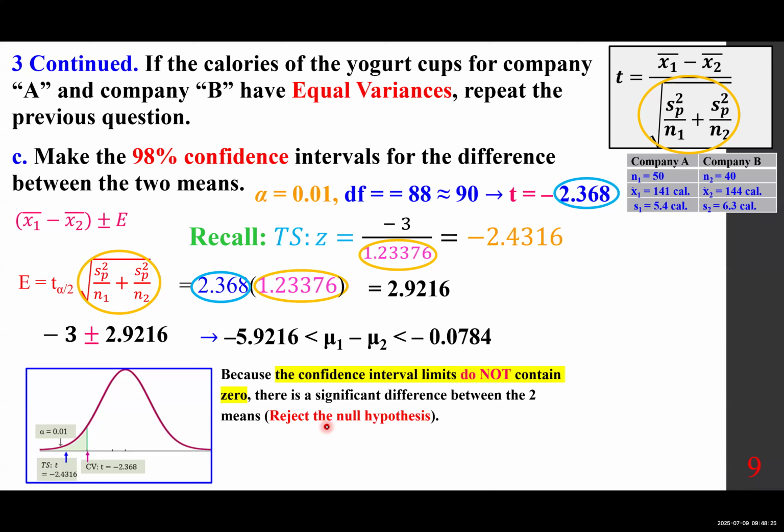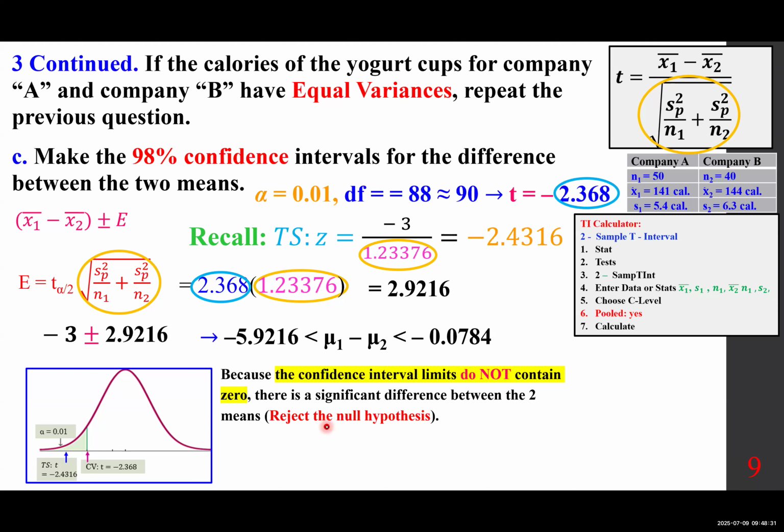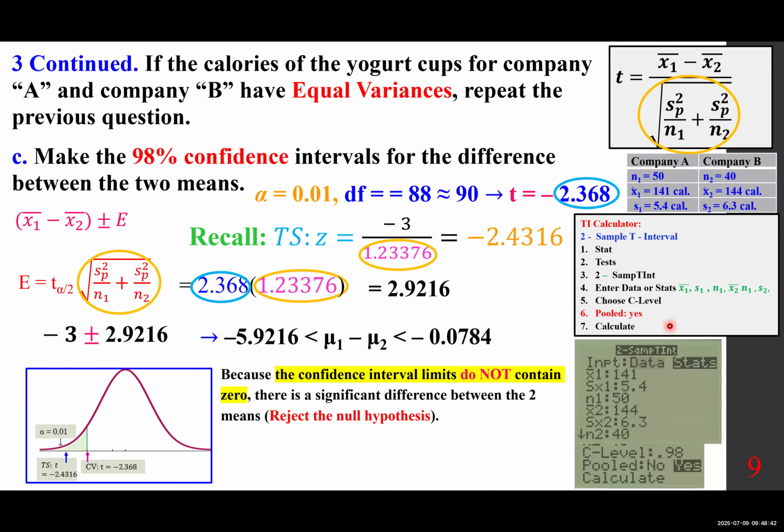As far as technology is concerned, if we want to go with the technology, STAT, TESTS, two-sample t interval, and we pool it, yes, and it gives you all the information. Look at the information that we get. What is this? The p-value.